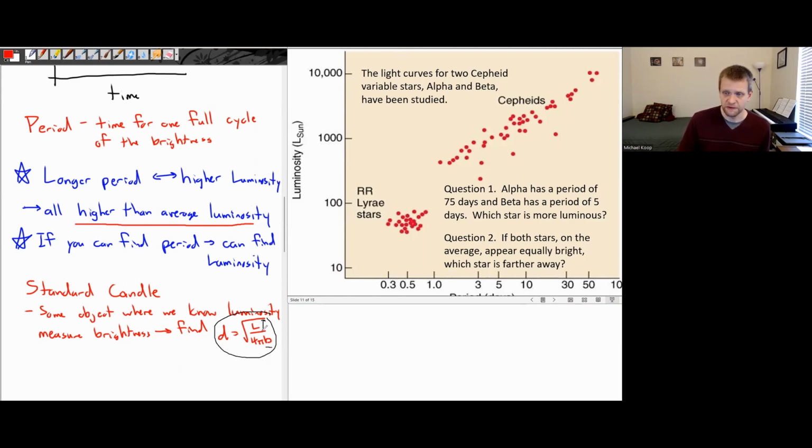Well, if alpha has a higher luminosity but has the same brightness, it must be further away to match those two effects. If it's a more luminous object, then it would have to be further away from me to appear as bright to my eye. So alpha would have to be the one that's also further away in this case.